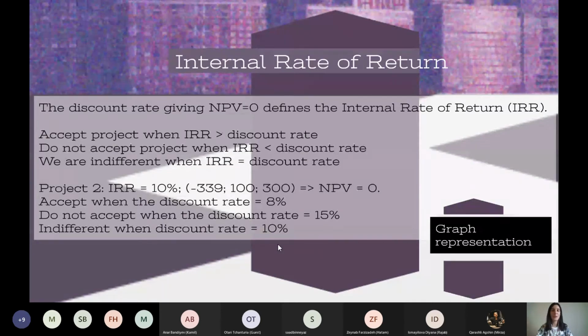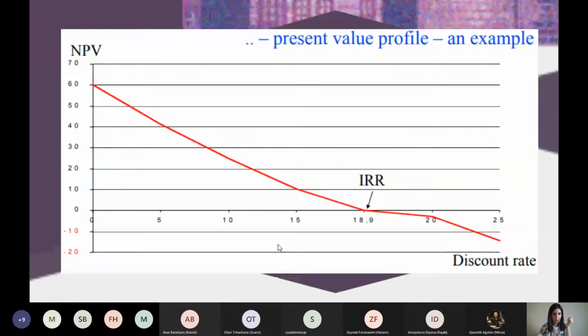We have a small graph representation. Then I think you will understand the IRR concept and NPV better. In the left axis, the y-axis, you can see NPV, and in the x-axis you can see the discount rate, the one you found.